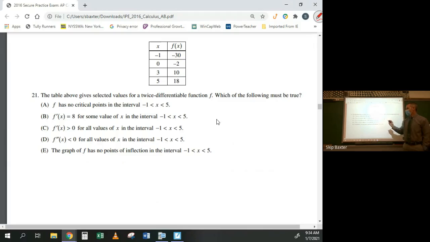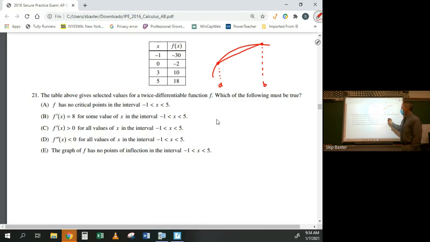MVT. Okay, so MVT. Remember the picture for the mean value theorem: if you have a function that goes like this, and this is A, and this is B, then as long as it's differentiable, there has to be a point between A and B where the derivative is equal to that slope, right?